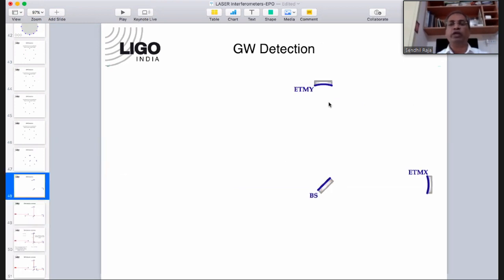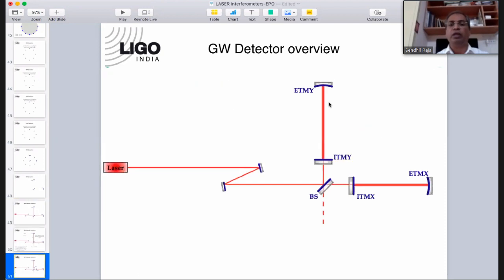So one way to increase this limit, or increase the length effectively, is to use a Fabry-Perot technique. If you can add mirrors on either side of the arms and use them in resonance, then because of the finesse, the laser beam undergoes multiple reflections back and forth, and you get an effective arm length that is the physical length multiplied by the finesse, effectively increasing the arm length and increasing sensitivity.